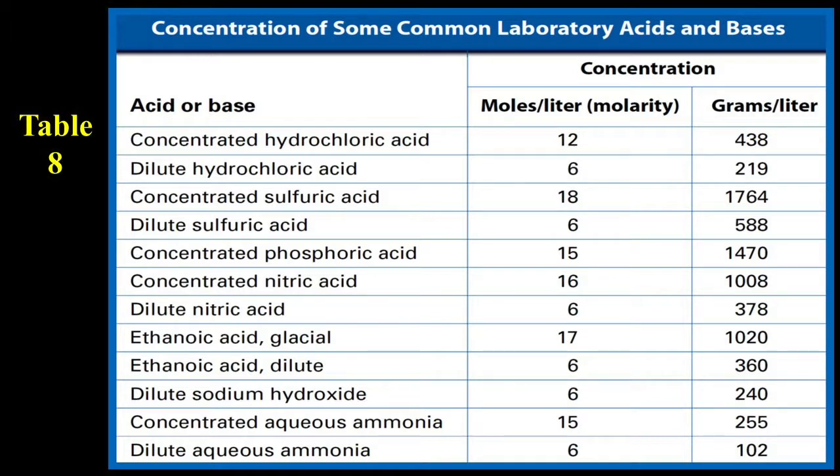In other words, saturated form would be the concentrated form. And you'll see that hydrochloric acid in the concentrated or saturated form, you can fit 12 moles of hydrochloric acid in 1 liter of solution. Dilute hydrochloric acid, or 6 molar, would be about half.